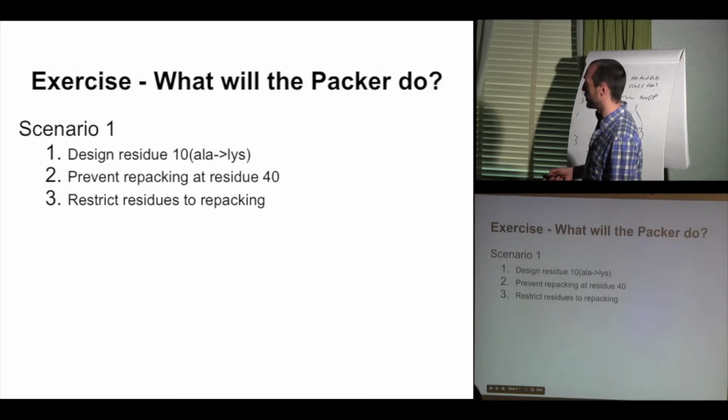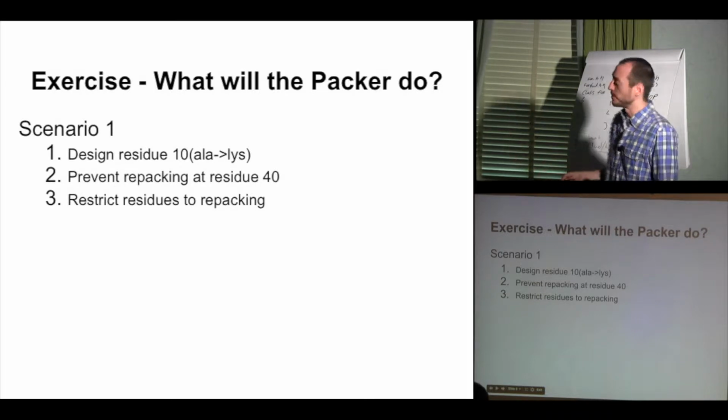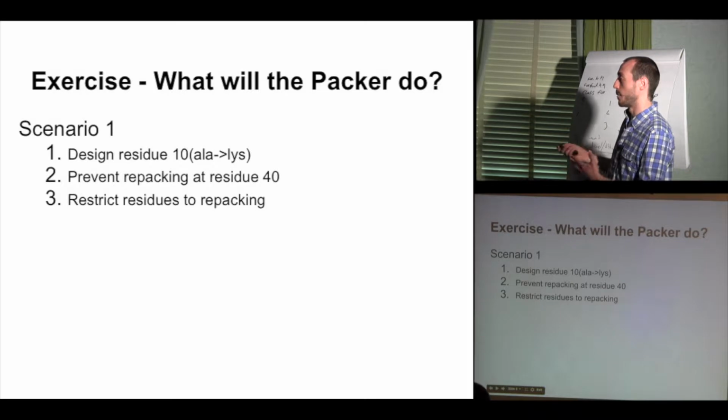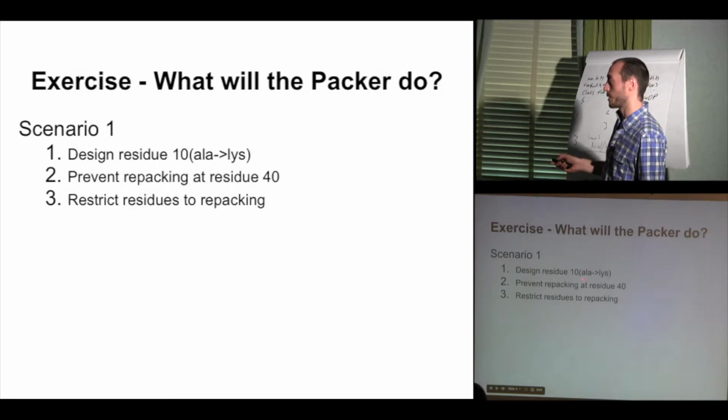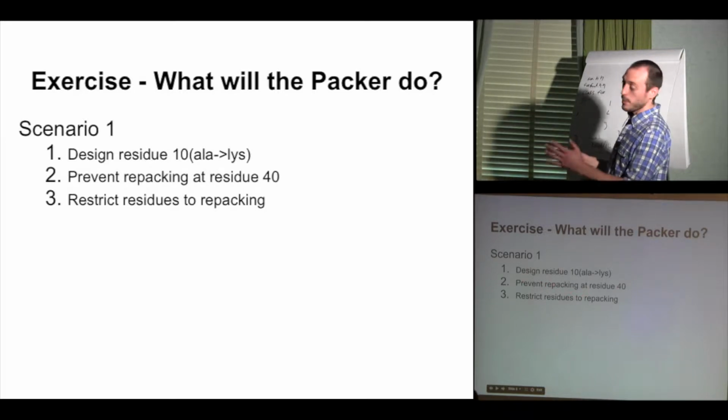So this is an exercise to demonstrate the commutativity of the PackerTask a little bit. In this scenario, let's say you have some residue 10, which is an alanine, and you want to apply some task operation that says design residue 10 to a lysine. To that same PackerTask, you also say prevent any repacking at residue 40 in the same pose.